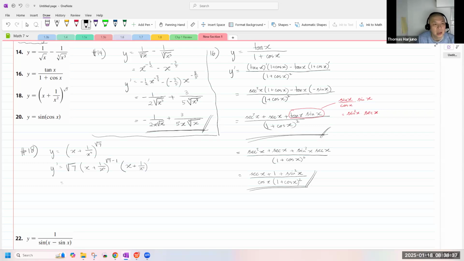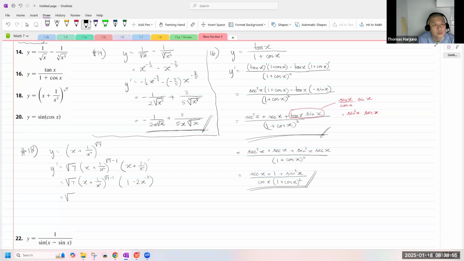Now, I will do that in the next line. Times 1, this is x to the negative 2, so negative 2x to the negative 3.